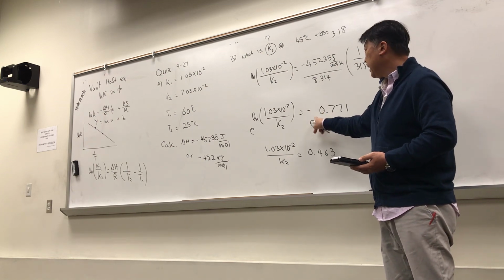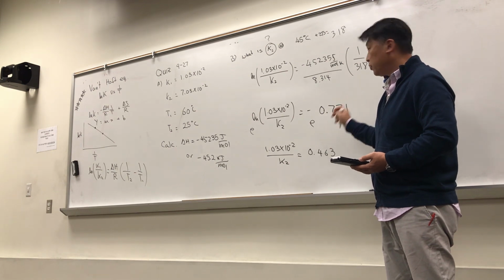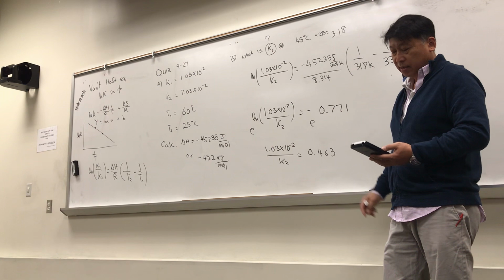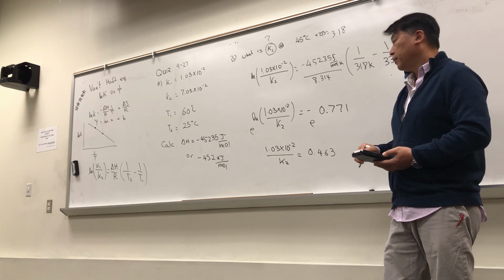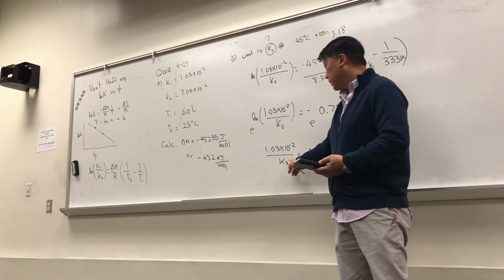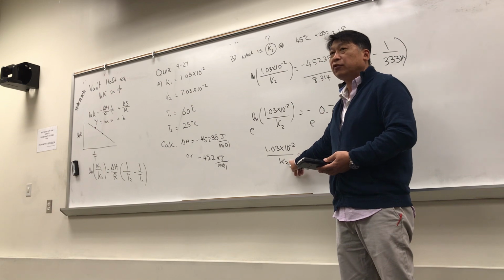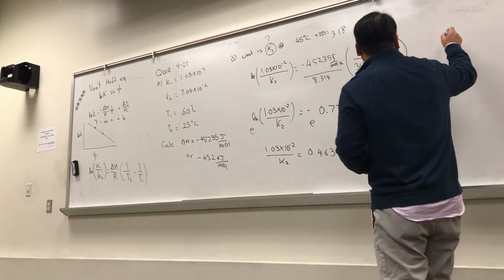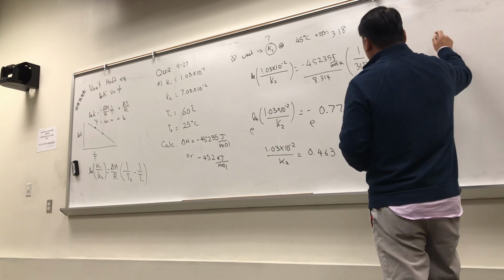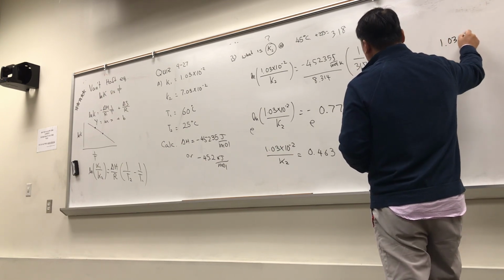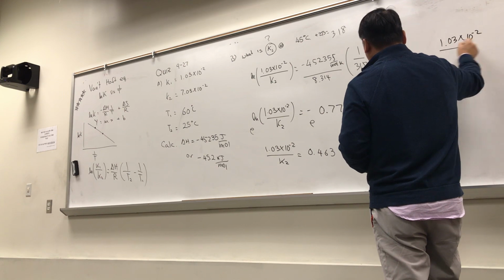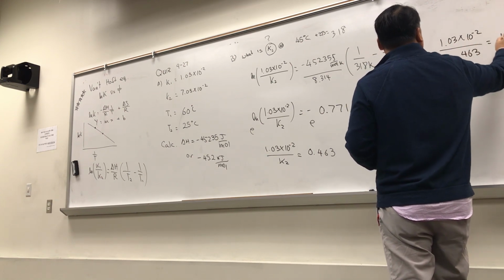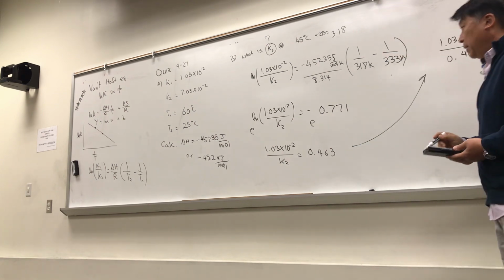So e to the negative 0.771 should give you 0.463. And then we multiply 1.03. How do you get this numerator when this is the denominator? You just cross multiply. So in this case, 1.03 times 10 to the negative 2 divided by 0.463 equals K2. Does that make sense?